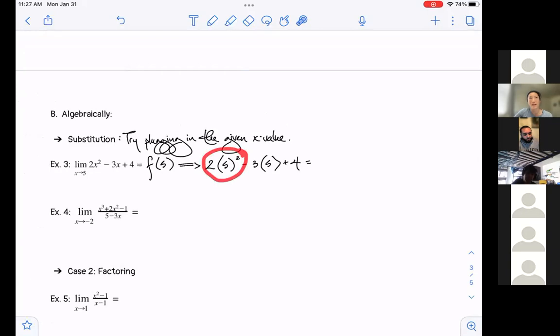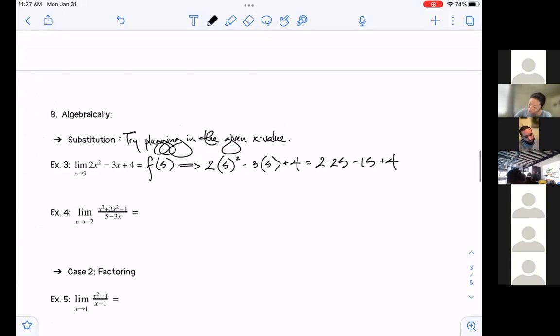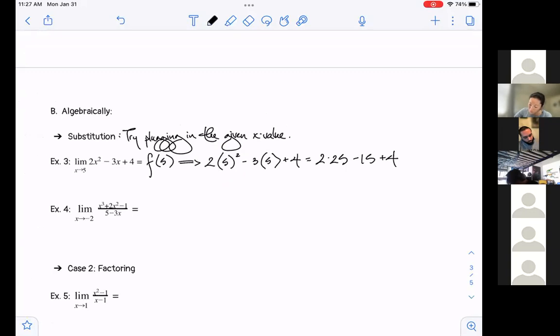Do I multiply the 5 by 2 or do I square it first? Yeah, we're going to square it first, right? So we'll get 2 times 25 minus 15 plus 4, right? So we get 50 minus 15 is 35 plus 4 is 39. Okay.